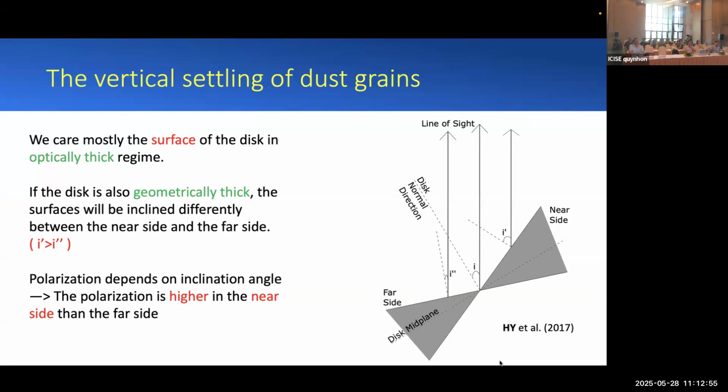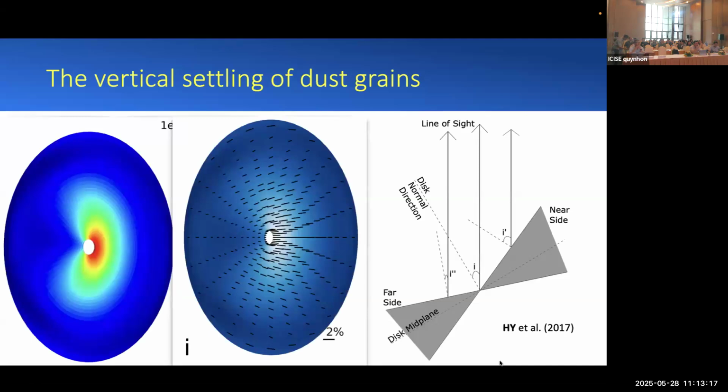Just by looking at this image, you can see that the local inclination angle is different between the near side and the far side. More specifically, the inclination angle in the near side is larger than the far side. So this will result in a higher polarized near side than the far side, as we show in these simulations.